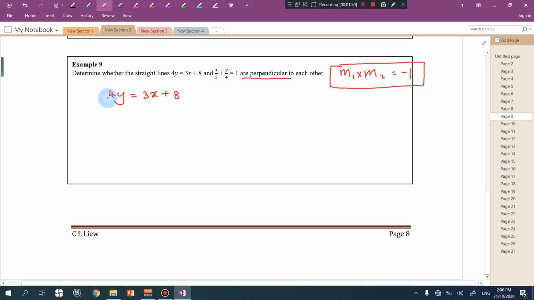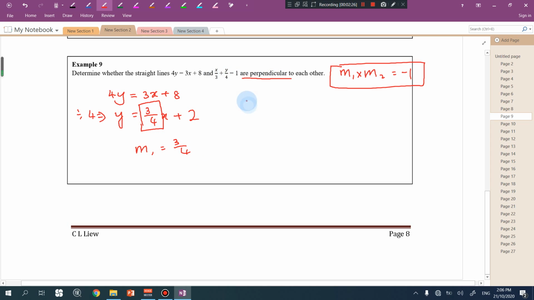So to make 4y become 1y, we divide the whole equation by 4. 4y divided by 4 gives y, 3x divided by 4 gives 3/4 x, and 8 divided by 4 gives 2. Now the y is positive and 1. From here we know the gradient is equal to 3/4.